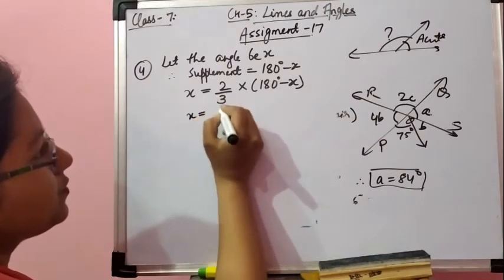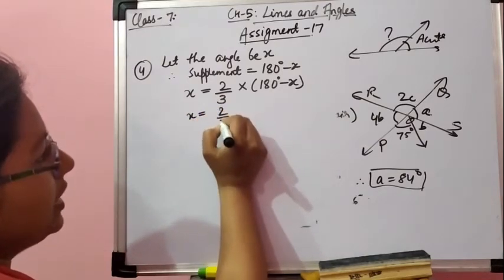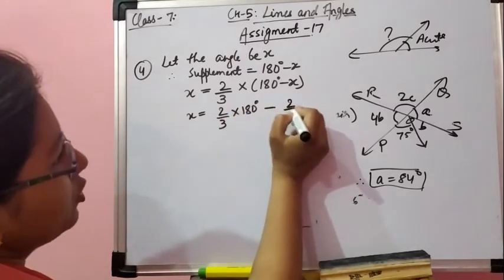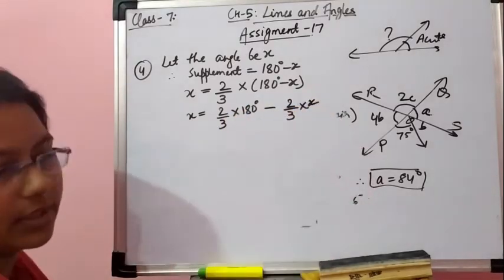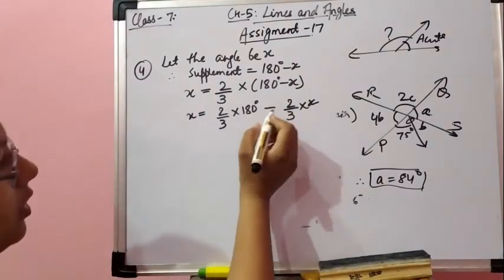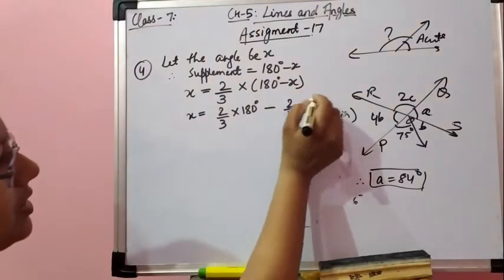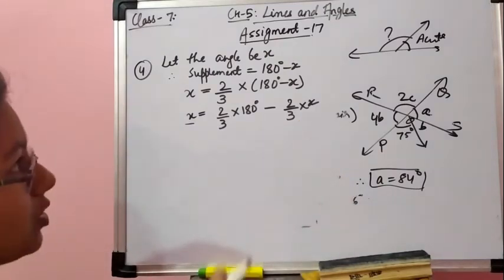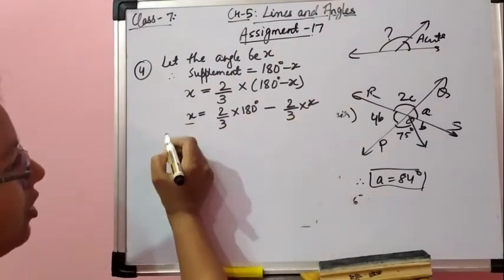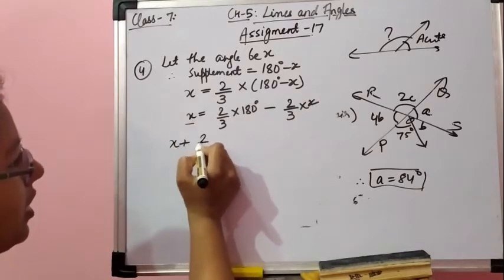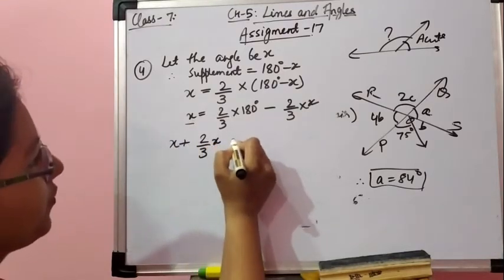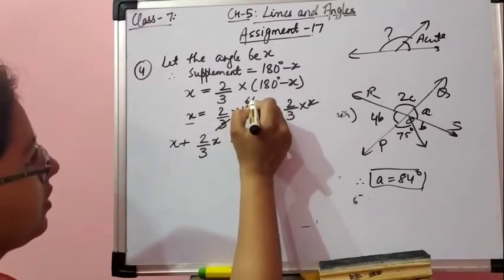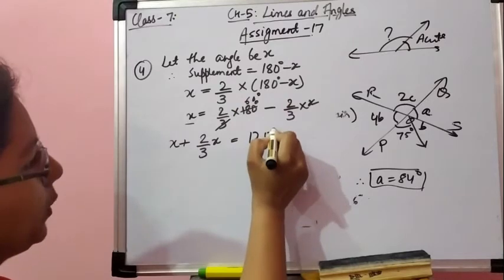Now we will simplify it. 2 by 3 when I will open the bracket into 180 degree minus 2 by 3 into x. Okay. Now this is x and here is also x. So when you have solved simple equations, so you know that I can shift this on left hand side, x plus 2 by 3 x. Now this can be simplified. This is coming 120 degree.